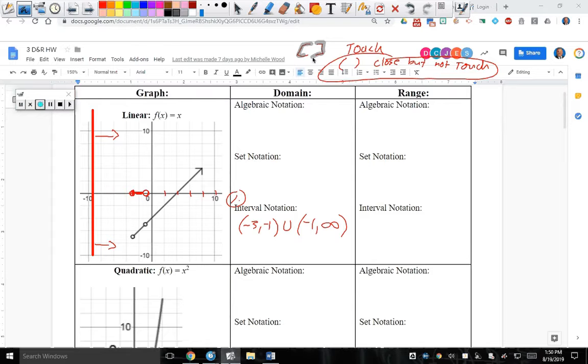So a bracket you can touch, but the parentheses you'll never be able to reach. You'll get close, but you won't reach it. Just like these parentheses show I'm getting close to negative 3, but I won't hit it. And over here at infinity, I will get close to infinity, but I'll never actually touch it. Does that help? So every time there's infinity, there will be a parenthesis after it? Perfect. Yes. Anything with infinity will always be parentheses.